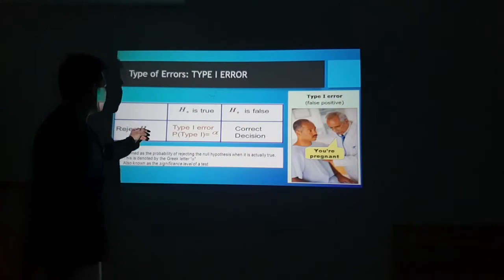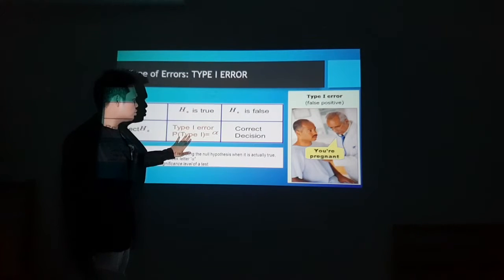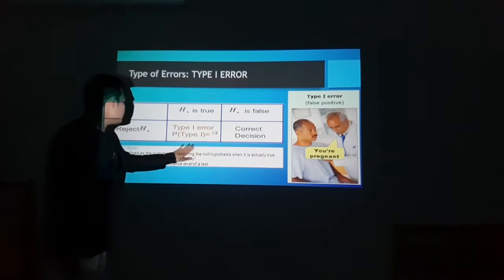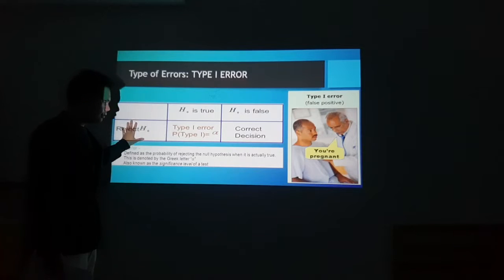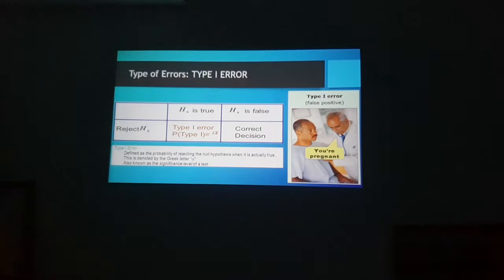So H0 is true, type 1 error, and yet we reject the null hypothesis. Type 1 error can be controlled. The value of alpha, which is related to the level of significance that we selected, has a direct bearing on type 1 error. Alpha is the maximum probability that we have a type 1 error.